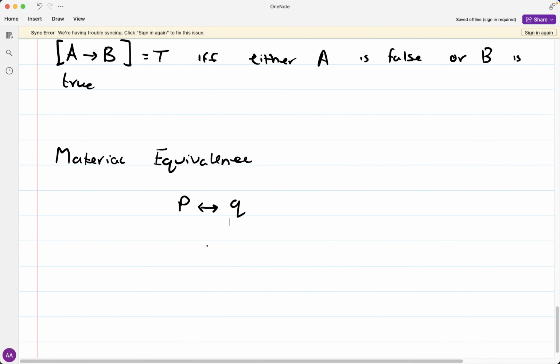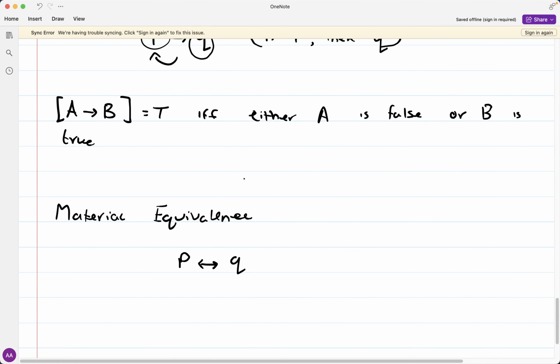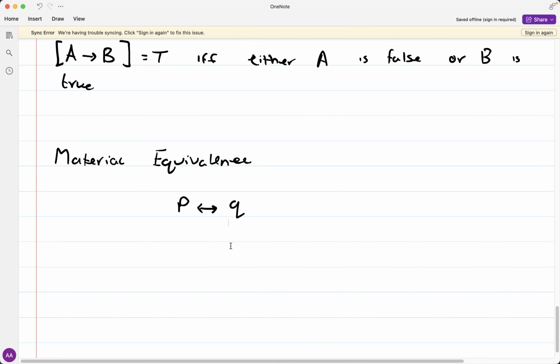Well, we've actually been using the material equivalence throughout our definitions here. This little letter here, this sort of double I, this I with a double F, means if and only if, okay? That is how we define the material equivalence. The material equivalence is defined as if and only if. If and only if, so P, if and only if Q.